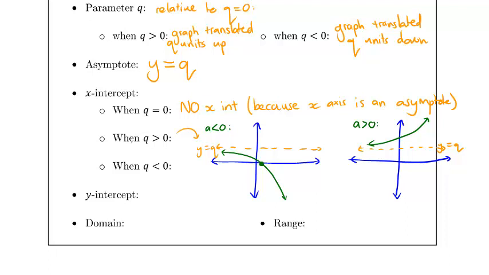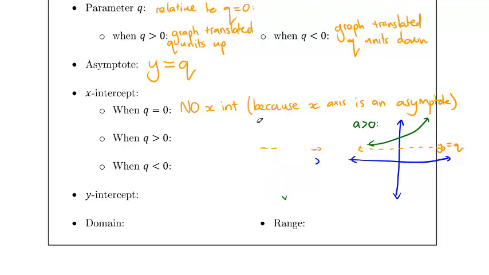So what's the conclusion that we can make here? When q is greater than 0, there will only be an x-intercept if a is less than 0, because it's a less than 0 that will make the graph point downwards, hence go through the x-axis. Let's write that up as a conclusion.